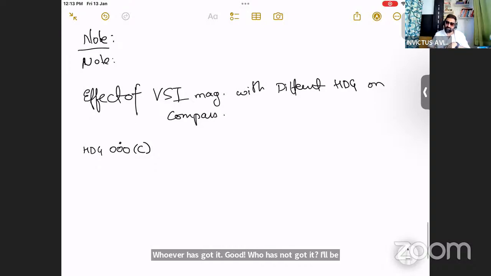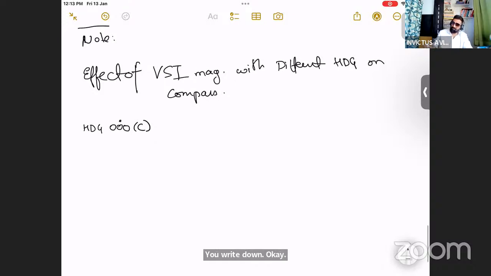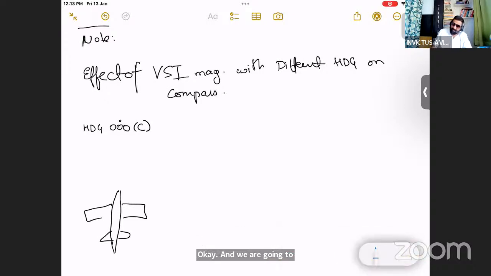Let's come ahead with the differences in the headings first. Heading 000, you write down, okay? Now what will happen, heading 000, what does it look like? This is my aircraft, okay? And we are going to assume that I have had a forward vertical soft iron magnetism.